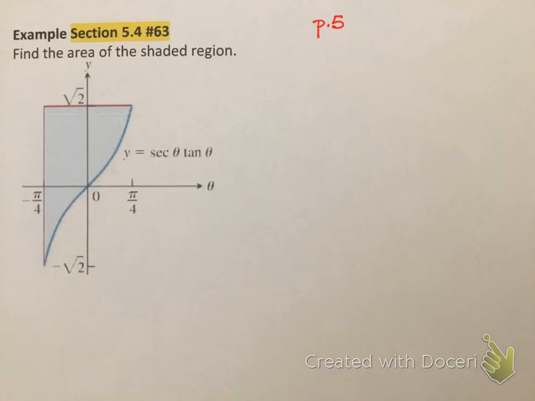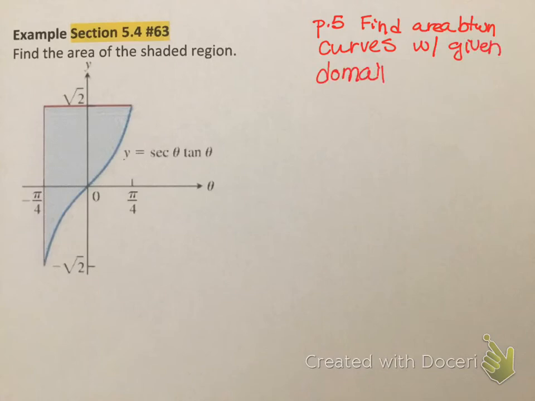You are supposed to be finding the area between curves with the given domain. And your curves are y equals 5, y equals the square root of x, and you're going from x equals 1 to 4.